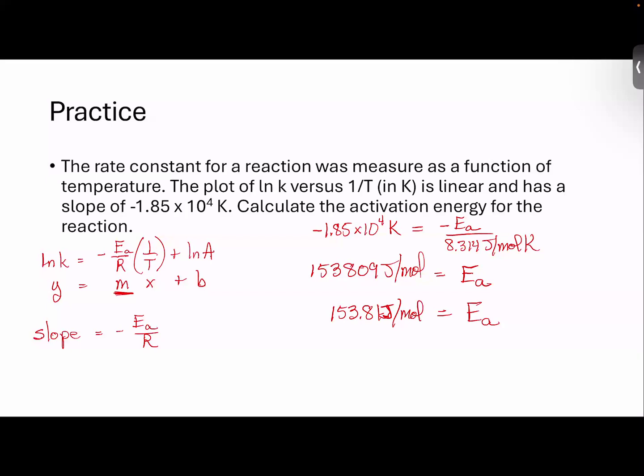So what that means is from the base of the reactants to the top of the hill is 153.8 kilojoules. This reaction has a much larger energy of activation barrier than the previous reaction that we did, by about double.